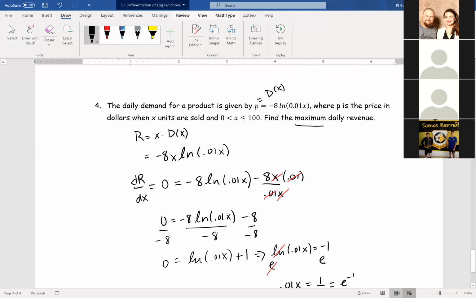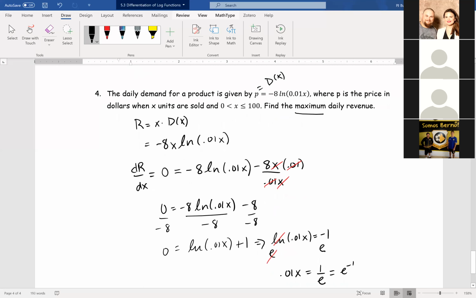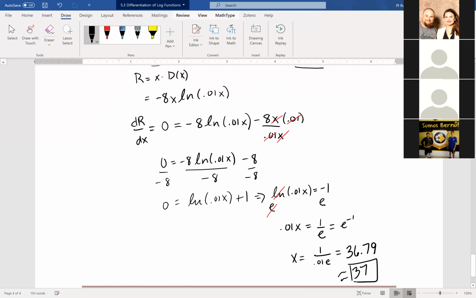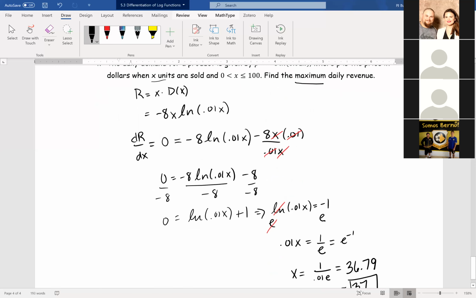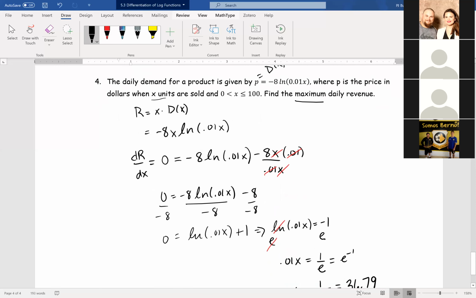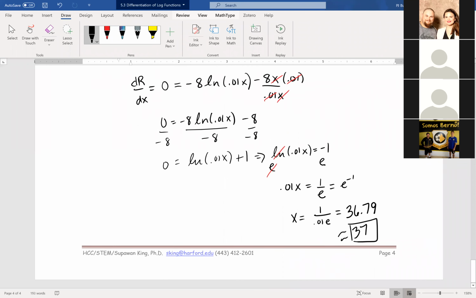So it looks like the price would be, sorry, the number of units, x, would be 37. So we were asked to maximize the revenue. So we took the derivative, set it to 0, and solved.